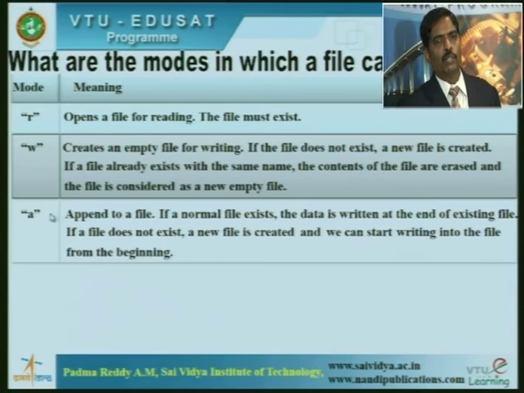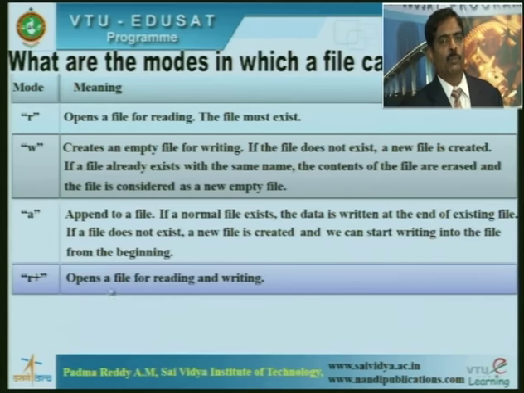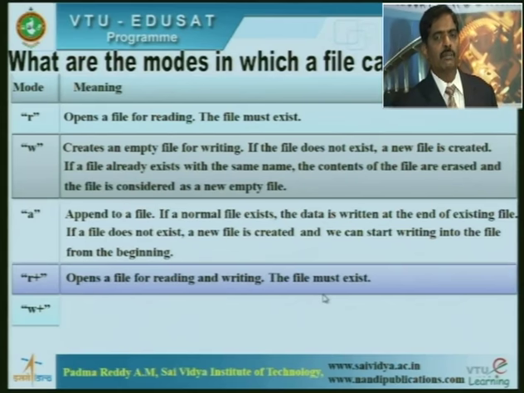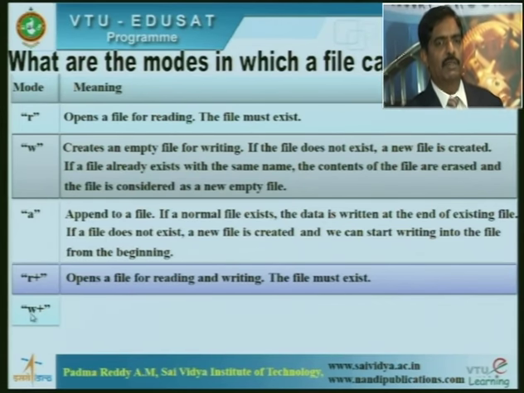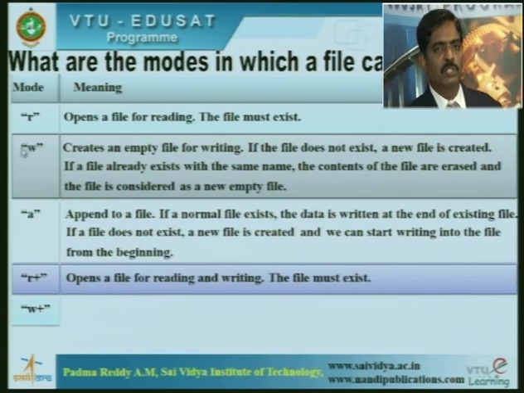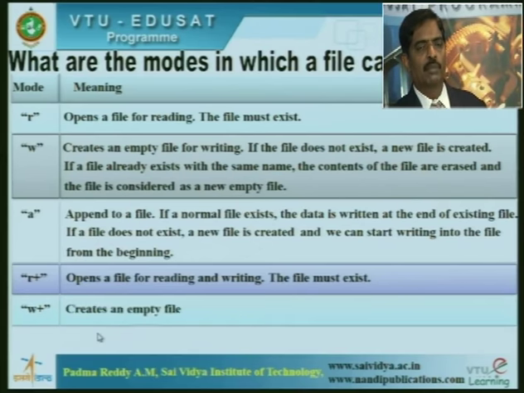If a file is opened in append mode and the file is already existing, whatever we write will be appended at the end of the file. Then we may use r plus, to open a file for reading and writing. The file must exist. At the same time, instead of writing only w, as we specify w, here we can write w plus.